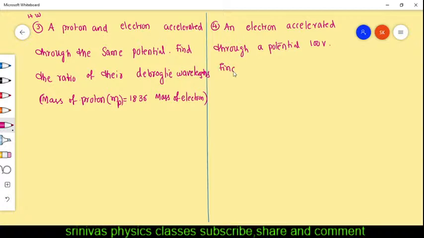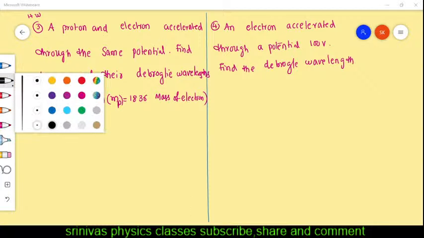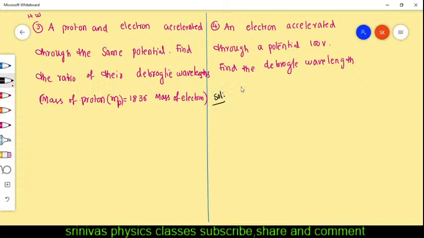Find the de Broglie wavelength. Can you solve it? Which formula we have to use? Anyone can give the solution for this?